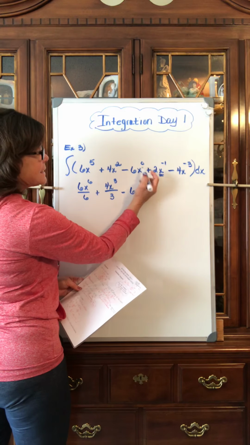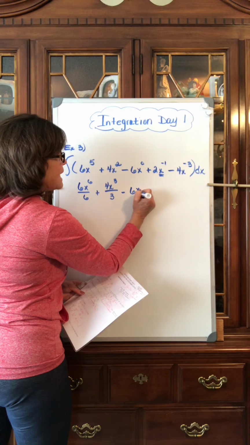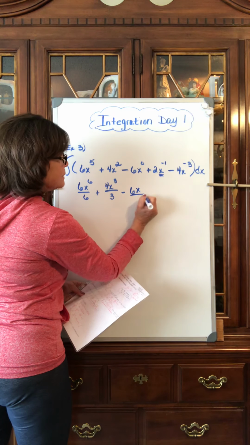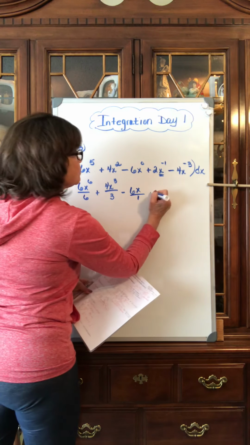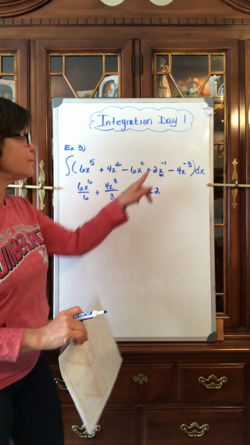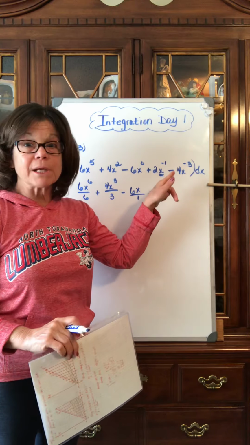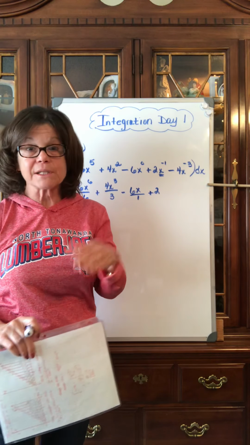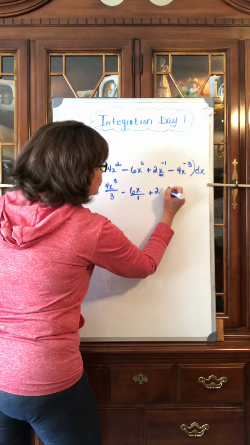Now this is an x to the 0, so it's going to become an x to the 1st divided by 1, plus 2. Now here's our situation, because if you add 1 onto this exponent, it becomes a 0, and then you divide by 0, it's undefined. So that's your rule that you have to memorize.